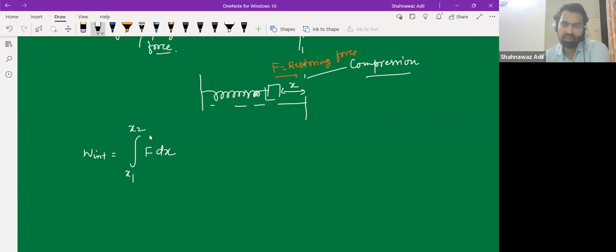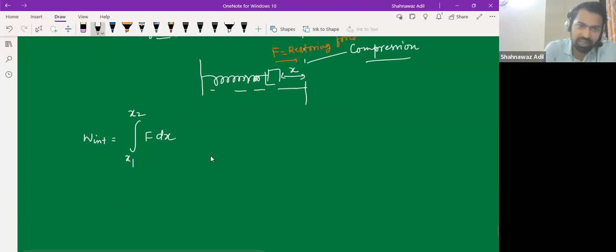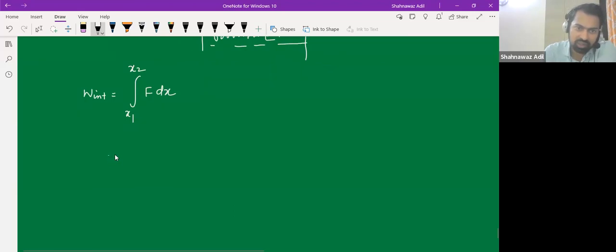Is this clear, everyone? Yes, sir. So now let us calculate the internal work. F is minus kx, right? So this is x1 to x2, and minus k is taken outside.